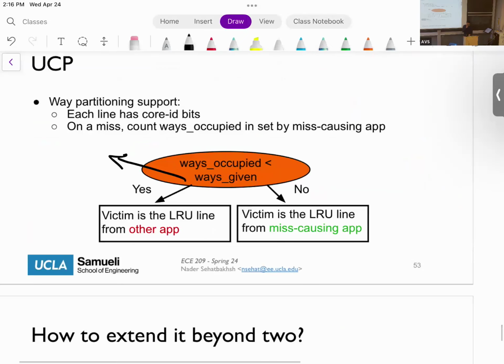What we should do is check whether enough ways are allocated to each application. If not, then we allow the application to occupy more ways. If it already occupies the maximum amount of ways, then we don't let it grow, so we minimize the growth of that application.